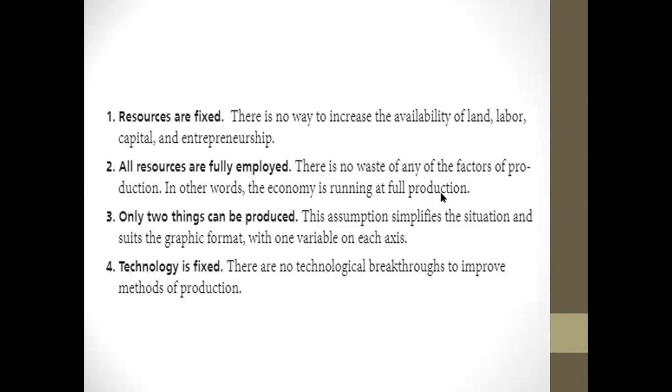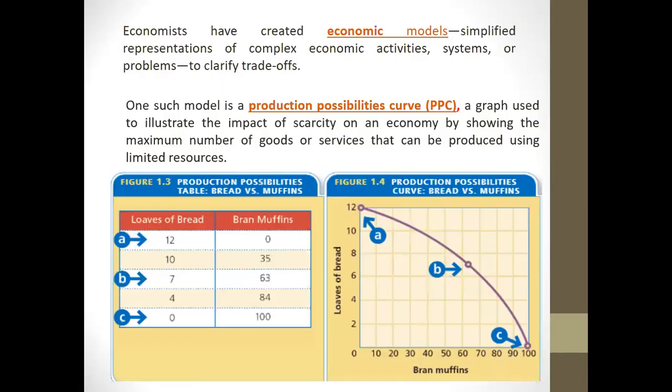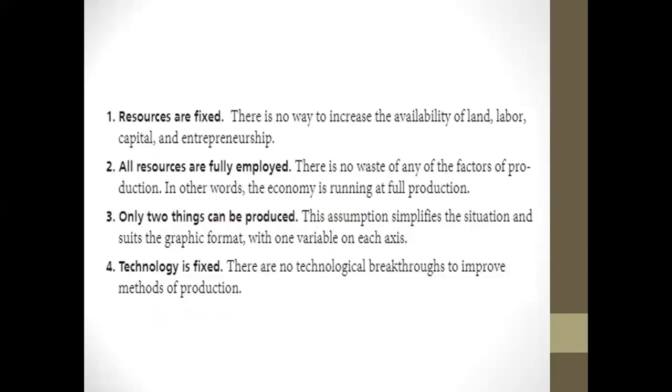Over here in this example, if they get 7 loaves of bread and 65 muffins, that is the top that they are able to produce. Why? Because they're using all the resources. That's why there's no waste of any factor of production.